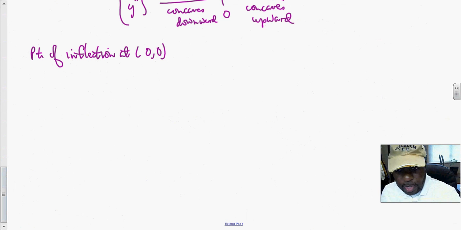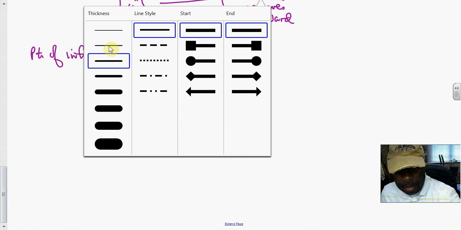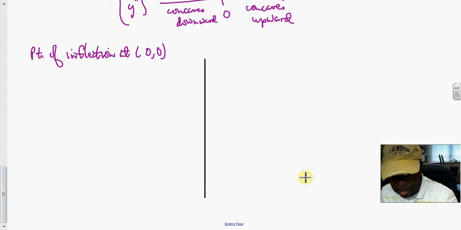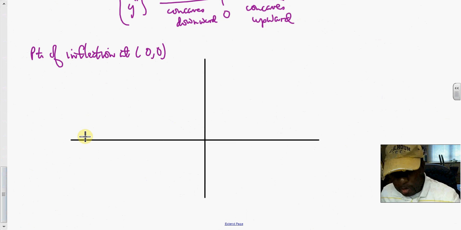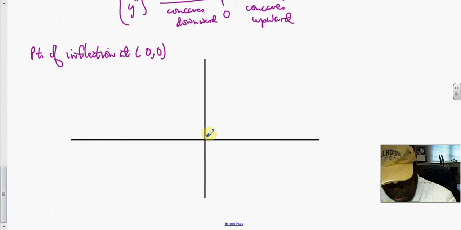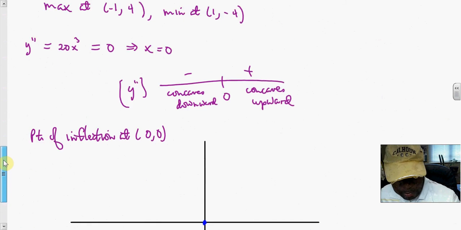Straight line, straight line. All right, point of inflection at 0, 0.